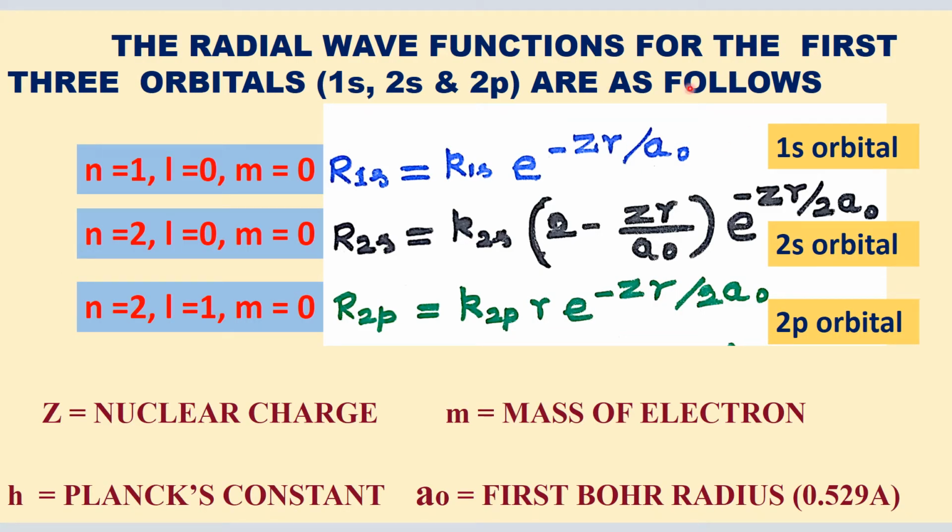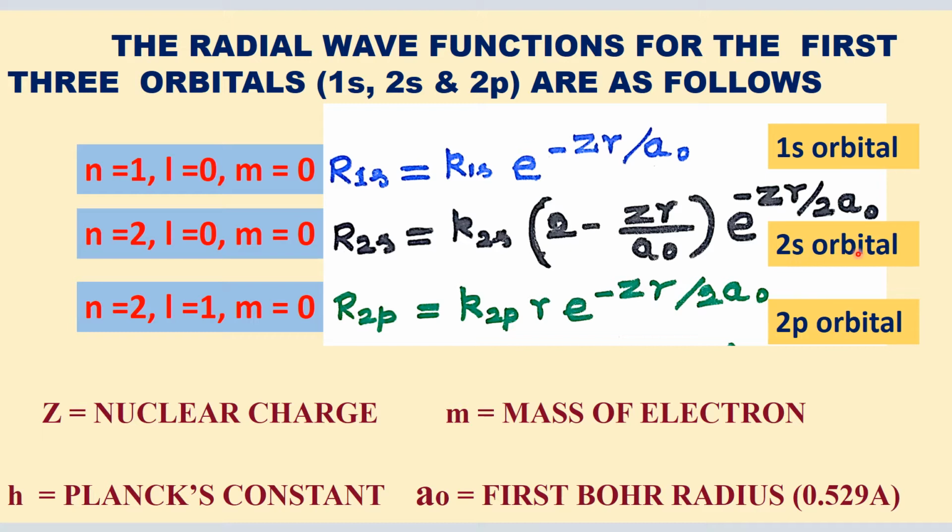The radial wave functions obtained for the first three orbitals are as given below. For 1s orbital, the radial wave function is given as R1s equal to k1s exponential minus Zr by a0.